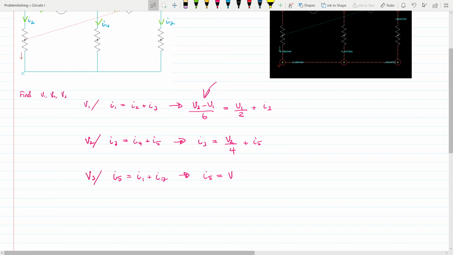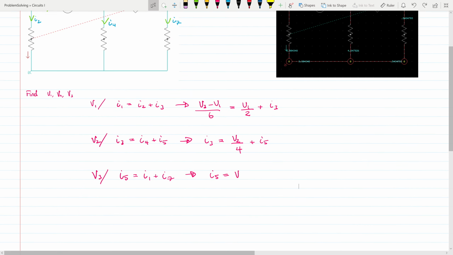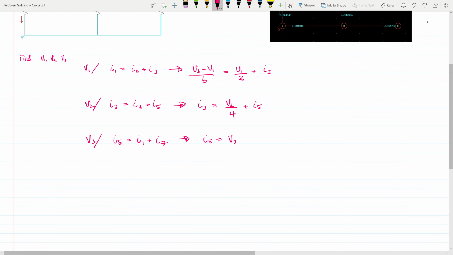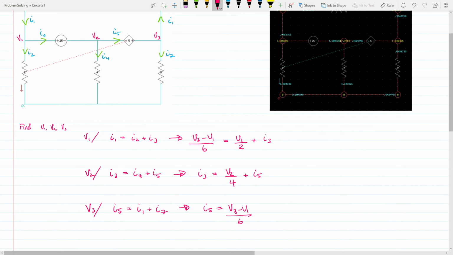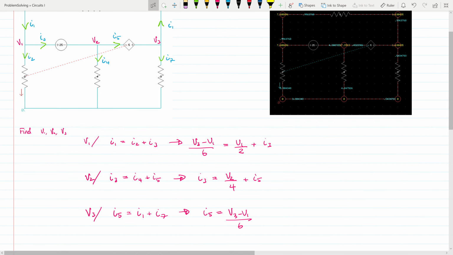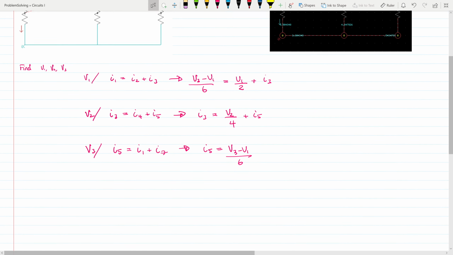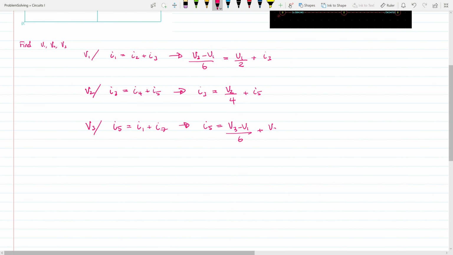So we have V3 minus V1 over 6, and then plus I7, and I7 is just V3 over 3. So plus V3 over 3.